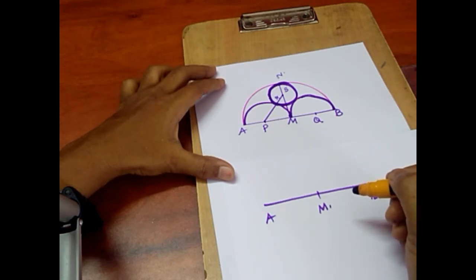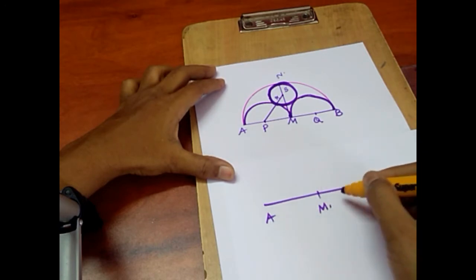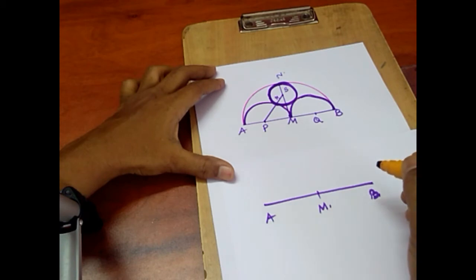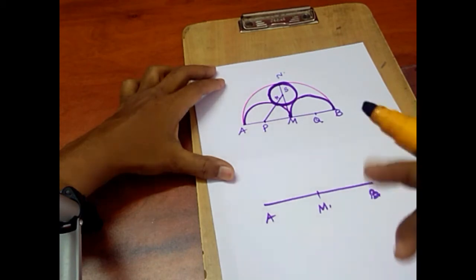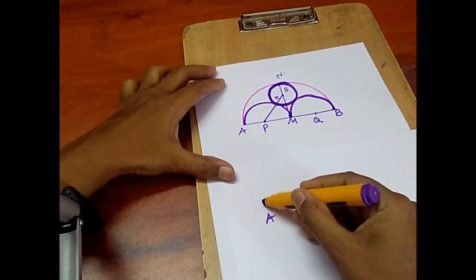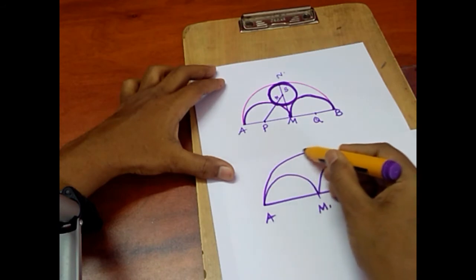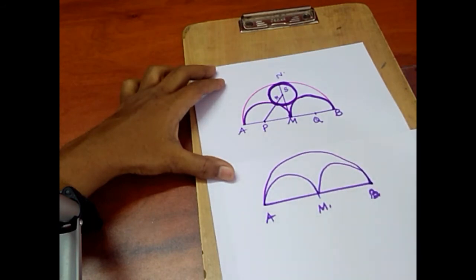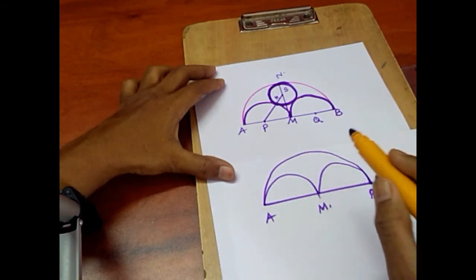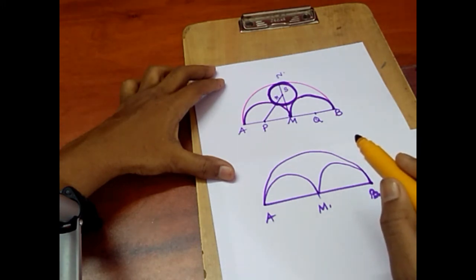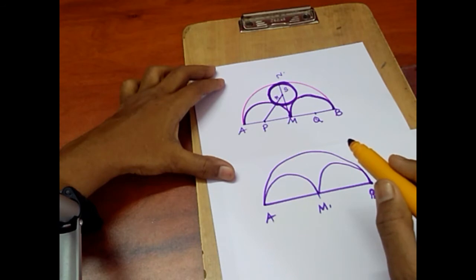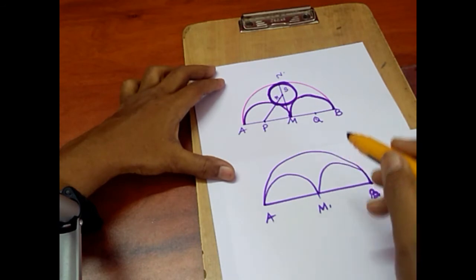3 semicircles are drawn with AM, MB and AB as diameter. First one diameter AM, second one diameter MB, third one diameter AB. And it is said that a circle with radius r is drawn so that it touches all the 3 semicircles.